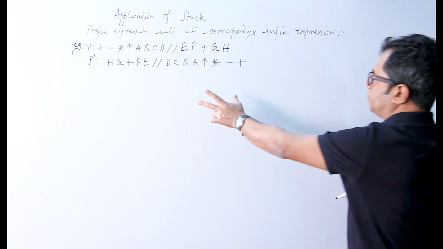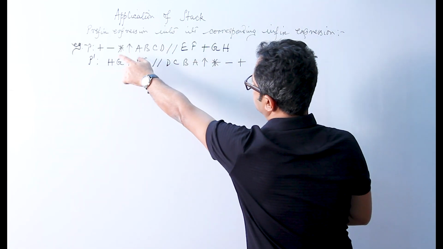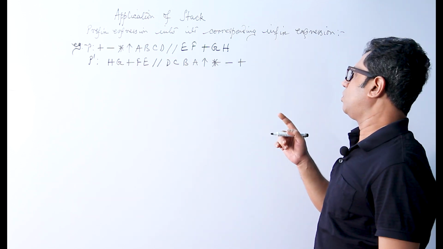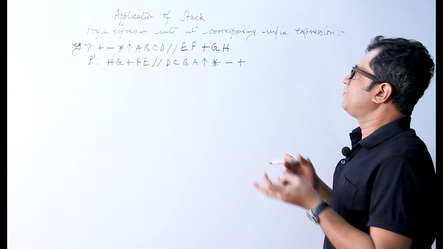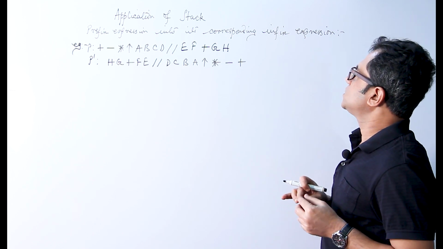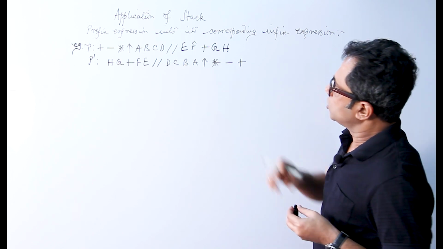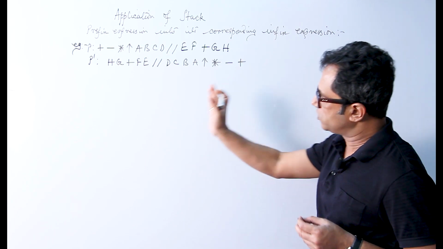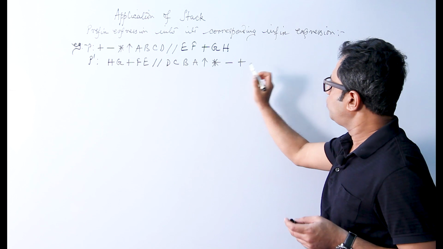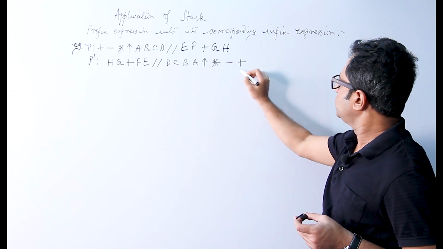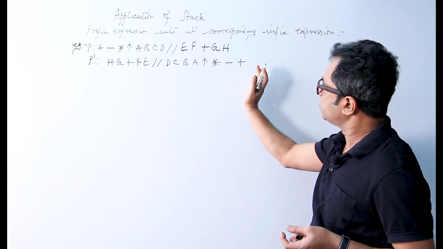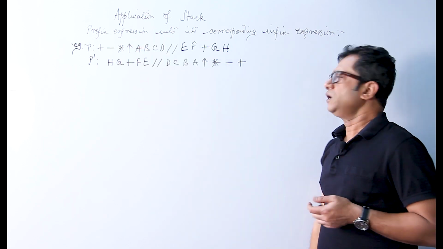In this way, we have inverted the entire expression into this form, that is the P dashed. And now we will perform what we have done in the case of the conversion of postfix expression into its corresponding infix expression. That is, we will write down a stack and push one by one all these symbols onto the stack, starting from the right to the left.